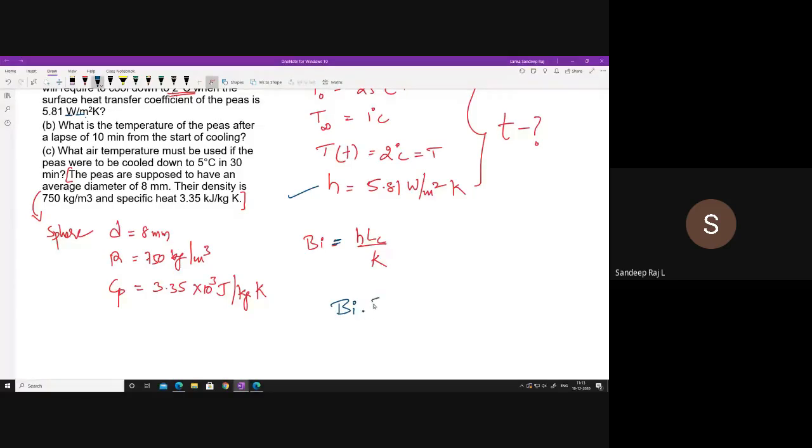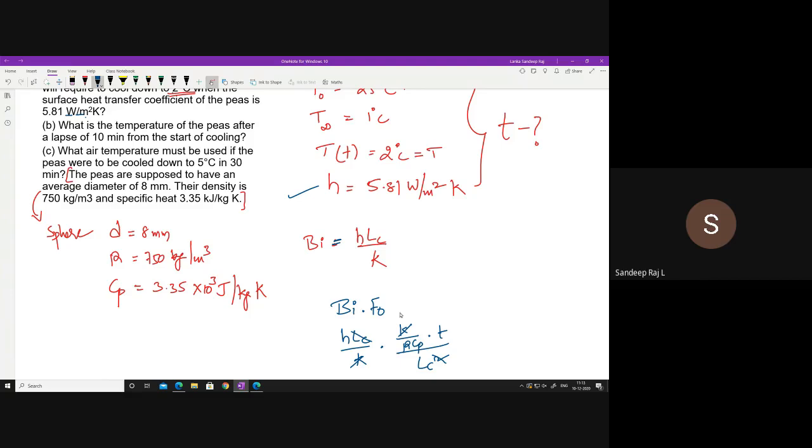Because what you have in your formula, you have Biot into Fourier. In Biot, you have h Lc by k. In Fourier, you have alpha. In place of alpha, what I can write is k by rho Cp, into alpha t by Lc square. I can write this, k gets cancelled, and this Lc gets cancelled.